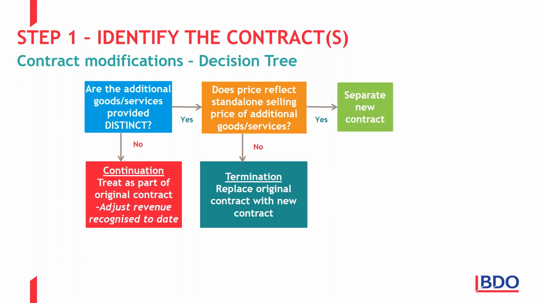If you say no, it's not a standalone price, it's at a bit of a big discount, then it's a termination of the original contract, and whatever's left of the original contract plus the new contract, the new pool, would be combined, and that discount will be spread over the whole thing. If you say it is standalone selling price, so it's a distinct swimming pool, it's at a market value, then we just say that's a separate new contract.